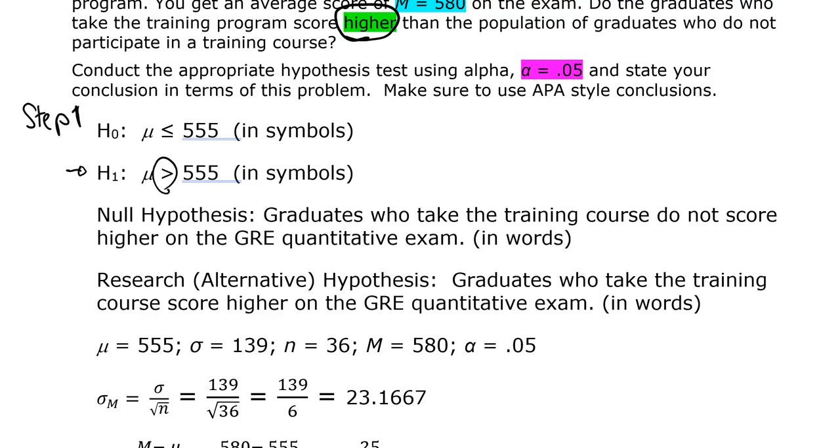All right. And what you'll notice is that I pull all of the information out of the problem. So population mean is equal to 555. Population standard deviation is equal to 139. N is equal to 36. Sample mean is equal to 580. And alpha is equal to 0.05.